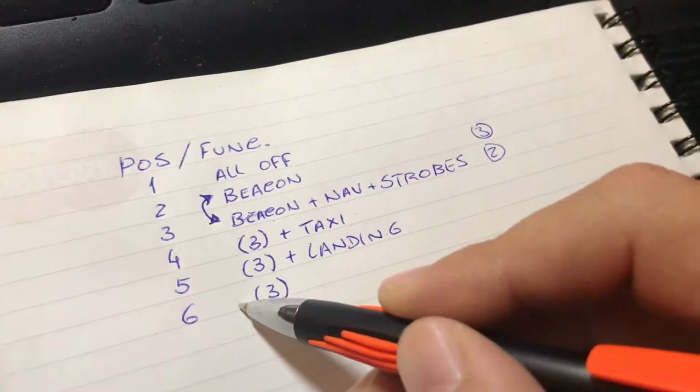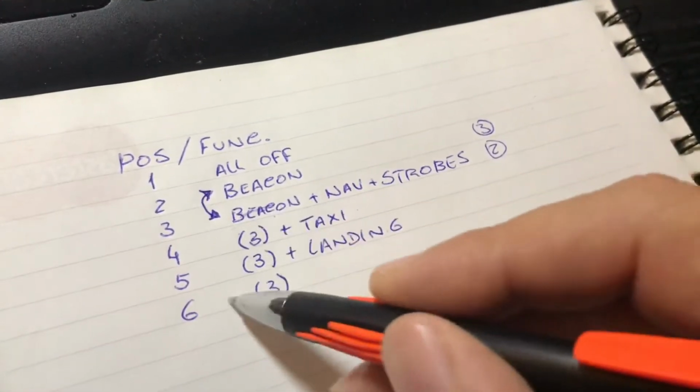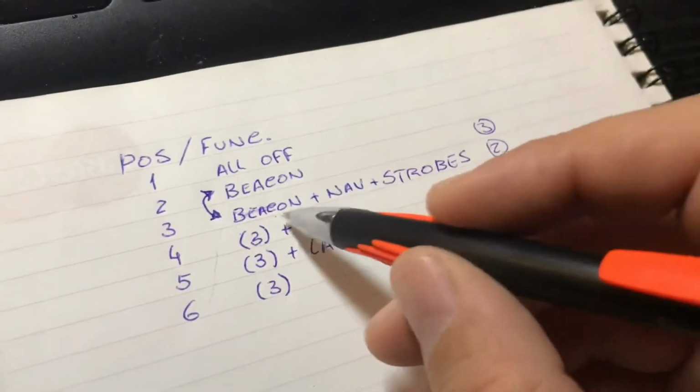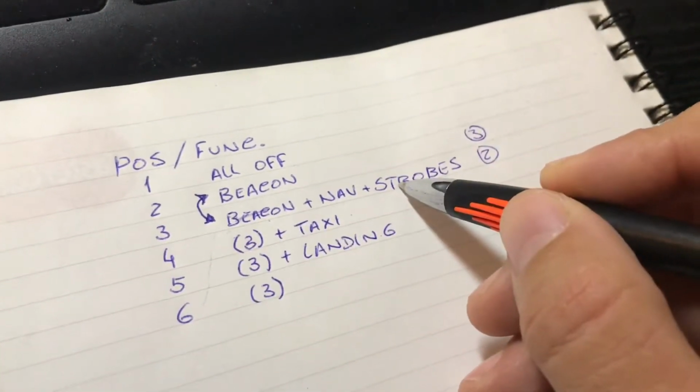On the sixth position, I'm coming back to this: only beacon, nav and strobes.